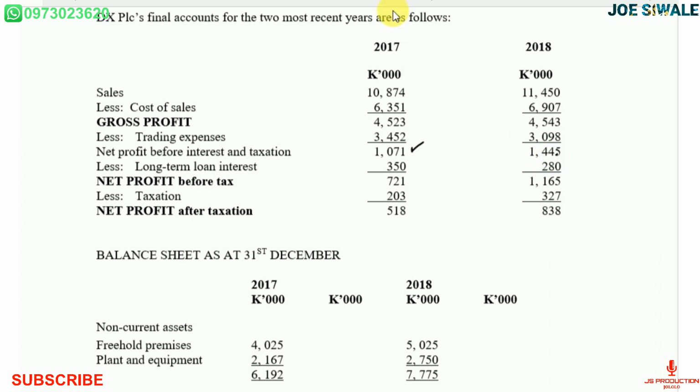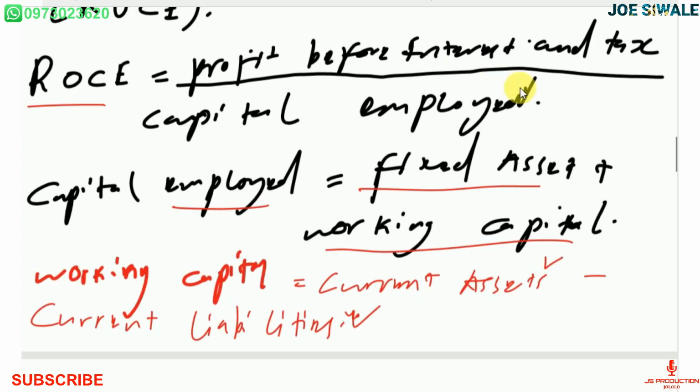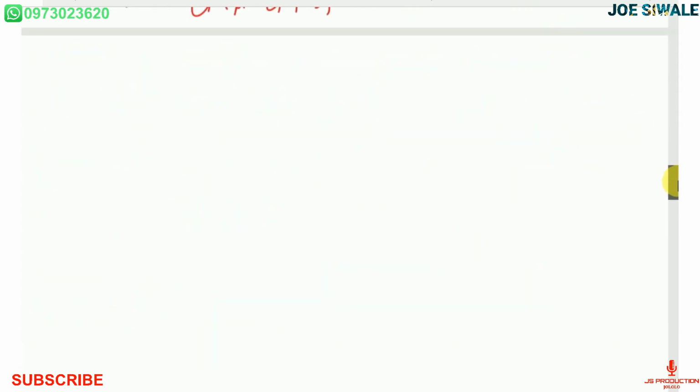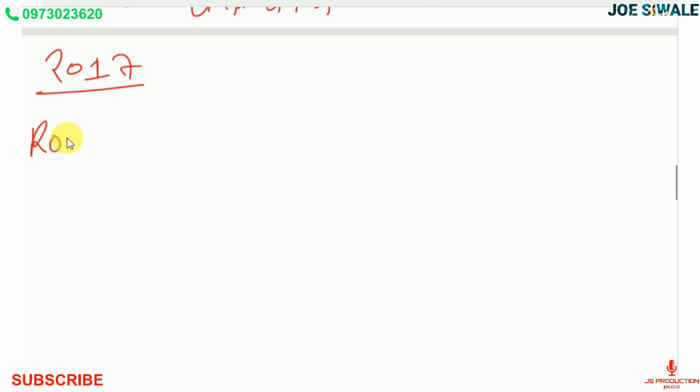So we can calculate for 2017. Return on capital employed is equal to profit before interest and tax divided by capital employed.